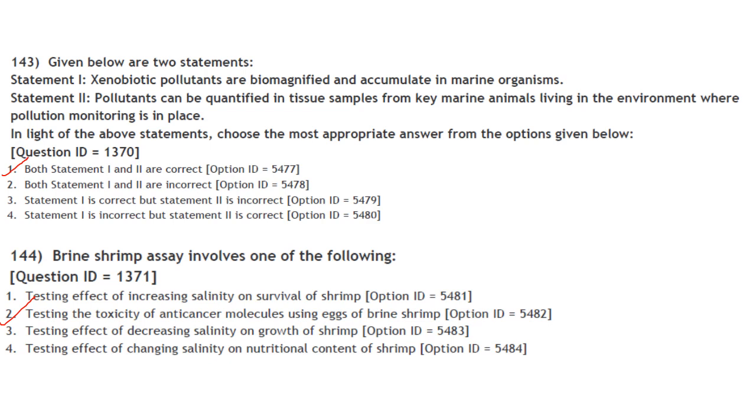Answer is option 1. Brine shrimp assay involves, so brine shrimp lethality bioassay is a simple high throughput cytotoxicity test of bioactive chemical. It is based on the killing ability of test compounds on a simple zoological organism, that is brine shrimp. So answer here is testing the toxicity of anti-cancer molecules using eggs of brine shrimp.